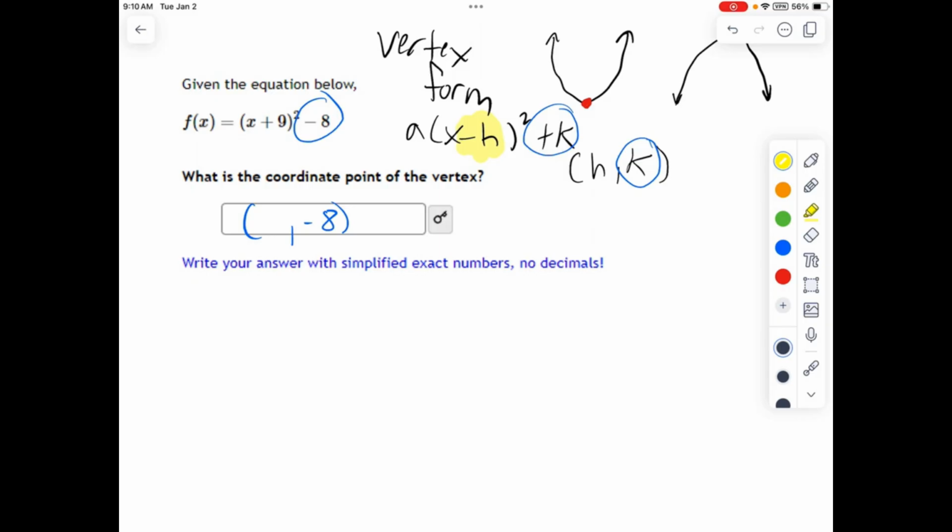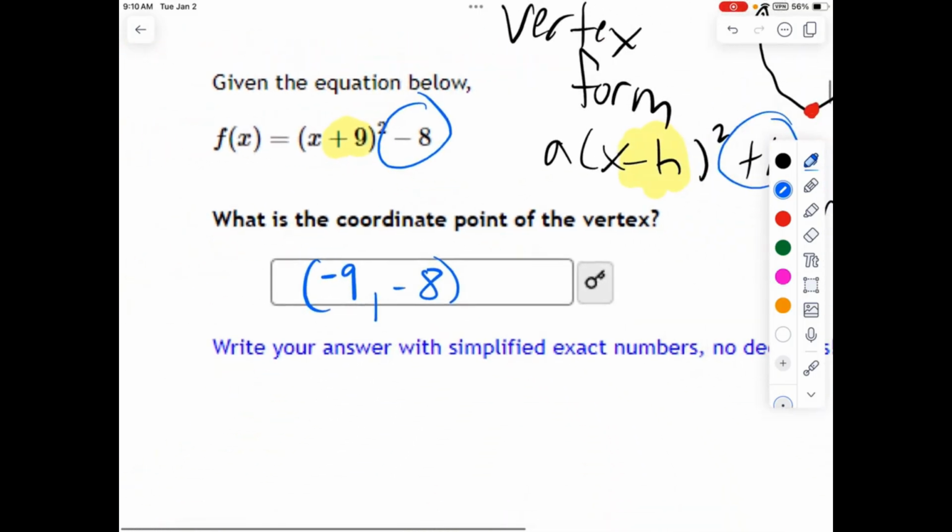Meaning that whatever sign you see here, it's going to be the opposite. So if you see a plus 9, the actual x-coordinate of the vertex will be minus 9. The reason is that we want to rewrite it in terms of subtraction. Addition can be written as subtracting a negative, right?